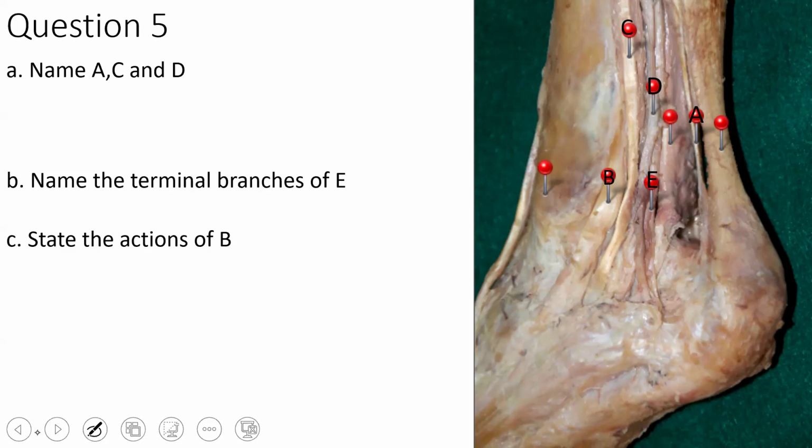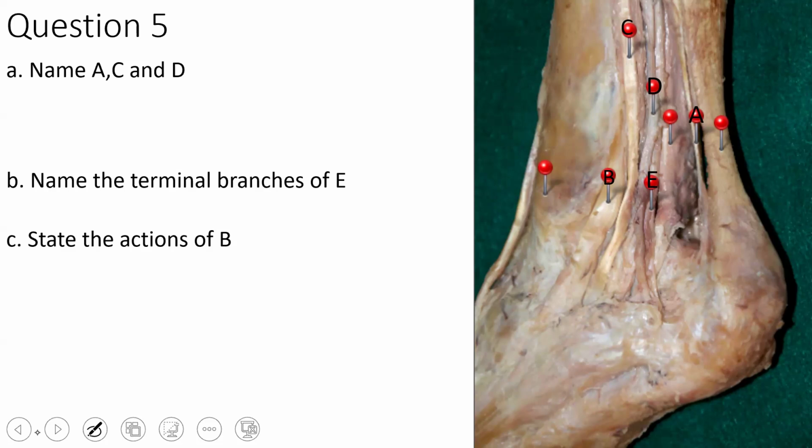Because if you do, then you literally can name all the muscles which originate from the posterior compartment of the leg. Because in your exams, if they want to tag a muscle, the easiest way to tag a muscle is to tag its tendon. So if you know how these tendons are arranged in the tarsal tunnel, you'll have a very easy time to identify that muscle.